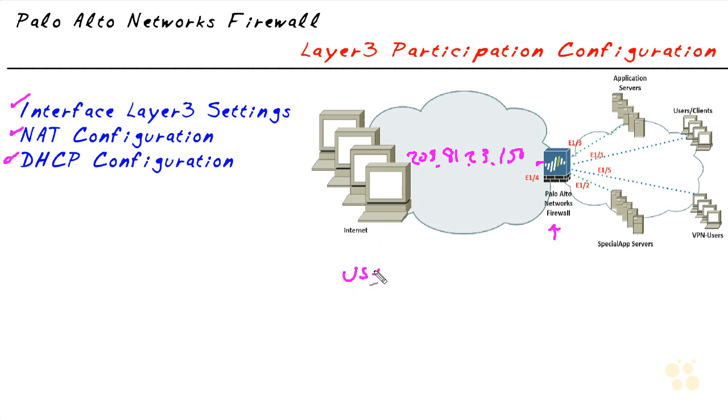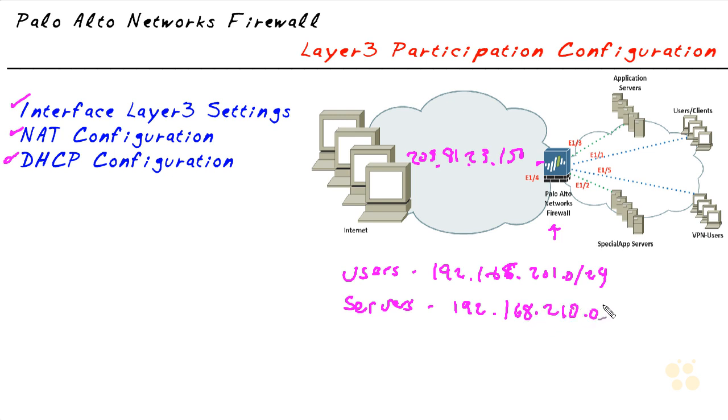Users: we've already got a VLAN and a subnet set up, 192.168.201.0/24. Servers, 192.168.210.0/24.